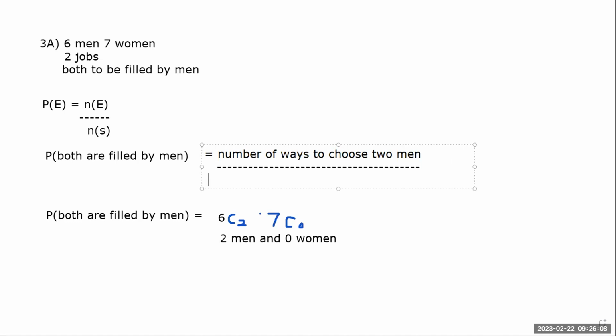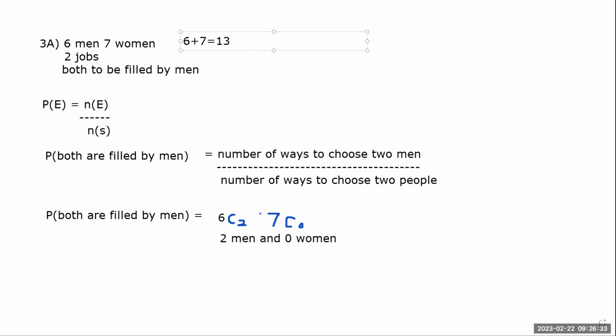Now, how do we choose 2 people? Well, we have to know how many people we have, right? So what we're going to do here is we add 6 plus 7, which is 13 people, men and women together.